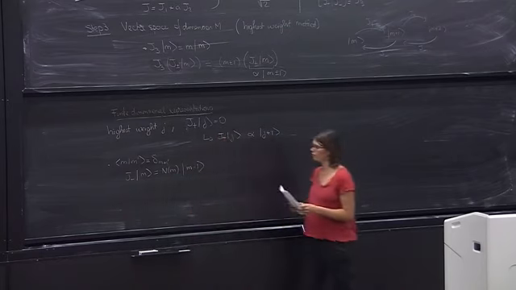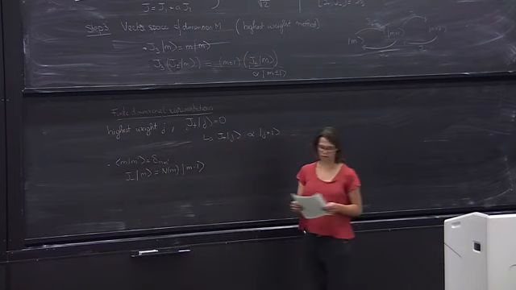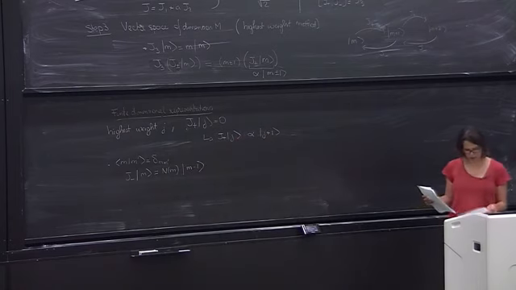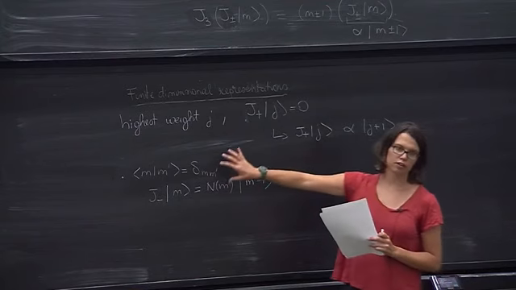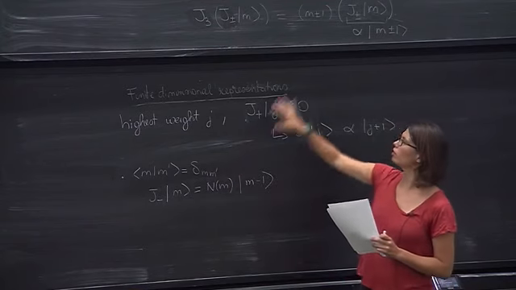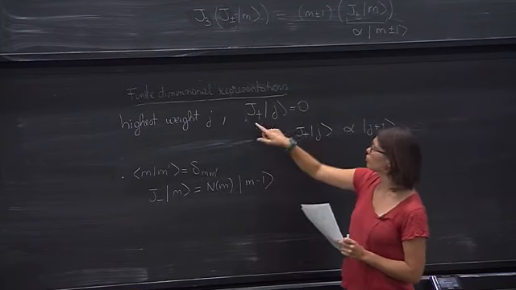And so the question you had in the tutorial was to find a recursion relation for this coefficient that you have here. So these coefficients are going to be your matrix elements of your j plus and j minus operators. So how do we get this recursion relation?